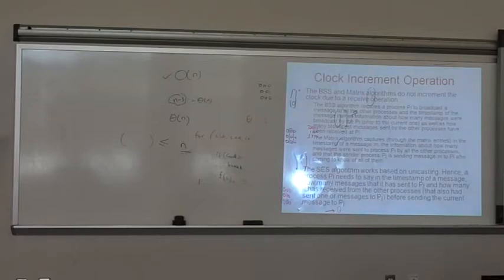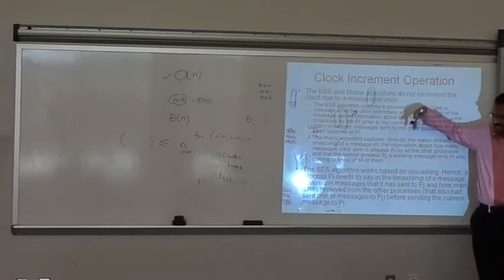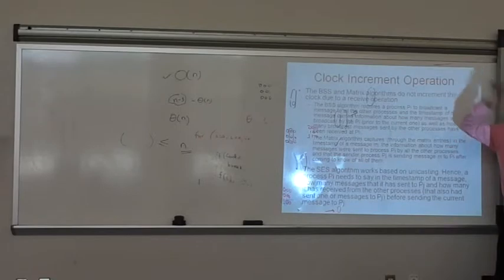And this I explained already. You increment the clock only while sending in the first one, which is the BSS algorithm, and the third one, the matrix one, because both are kind of broadcast based. In the sense, the first one is explicitly broadcast, you're sending to everyone, so you just increment while sending, because the others get to know due to that.